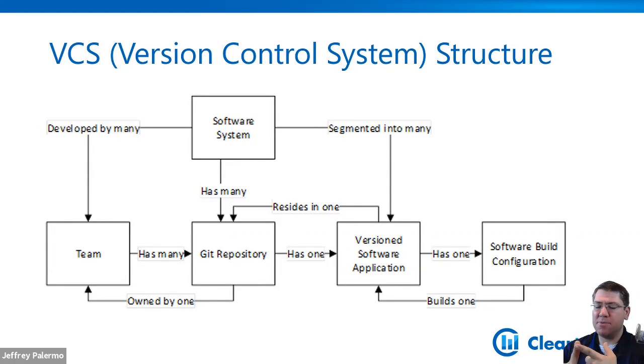And here's the assumption. The assumption is that one Git repository will produce one versioned release candidate of something that deploys together, okay? So a Git repository can have an application that has multiple runtime components, and that's fine.